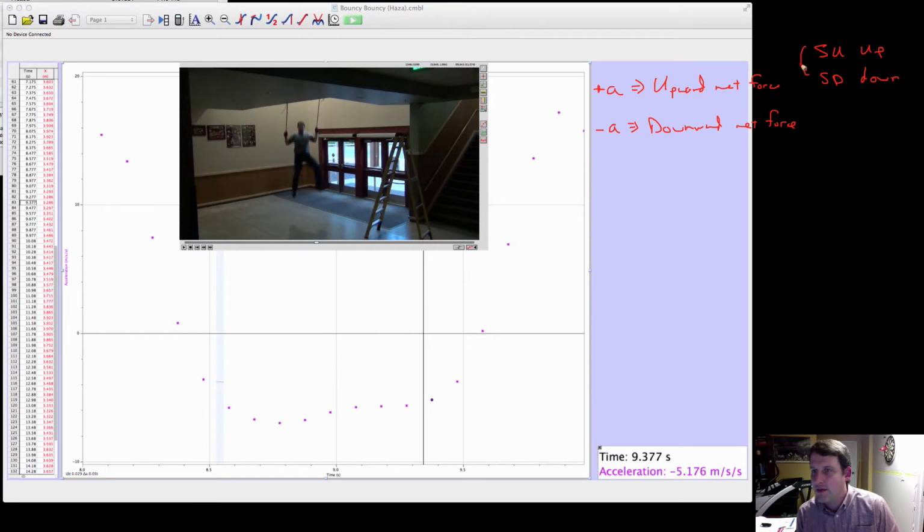And these 2 go right there. And then for a negative acceleration, I can either be speeding up downward, or I can be slowing down when I'm going up. Those are the 2 possibilities for a negative acceleration. Okay.